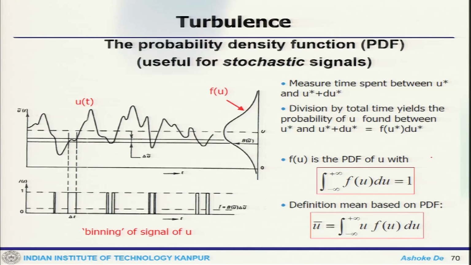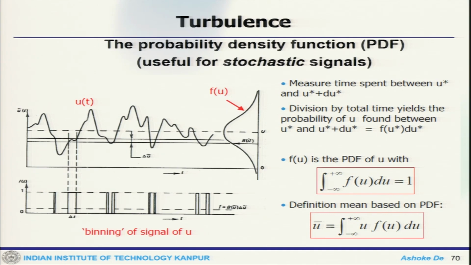So, now we look at some of these other features like the probability density function, which is quite useful when we look at any statistical signal like a turbulent signal. This is the velocity profile, a time history of the instantaneous velocity profile.